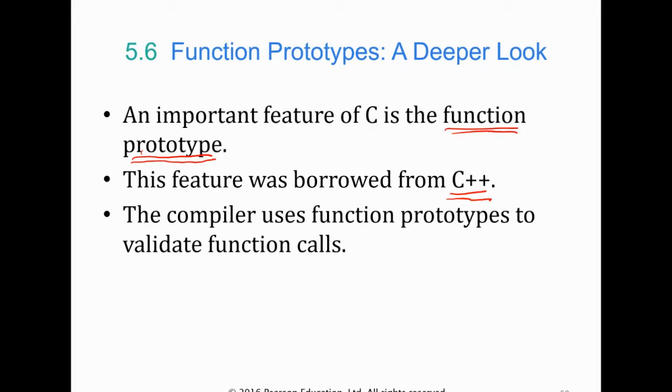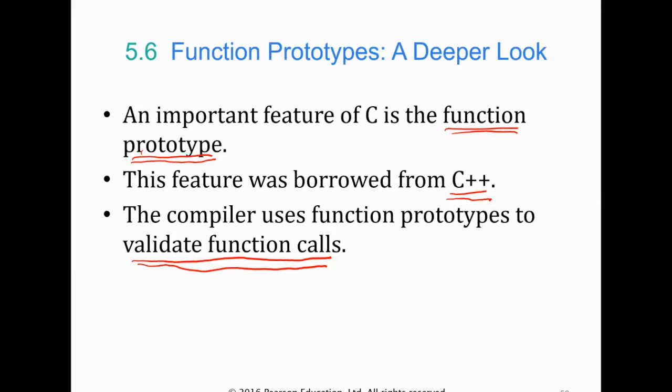But what it allows you to do is allow the compiler to validate or double check that function calls are correct, right? So it allows the compiler to check that, okay, is the program actually passing the values that it is supposed to pass to a function.